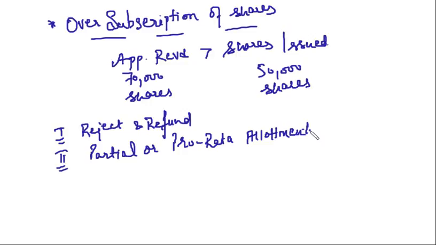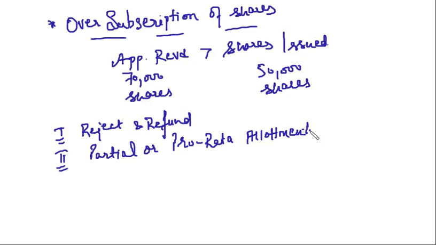So if you applied for 70,000 shares, you are allotted 50,000 shares. That means for every 7 shares applied, you are allotted 5 shares. Clear? This is how you are going to read this.